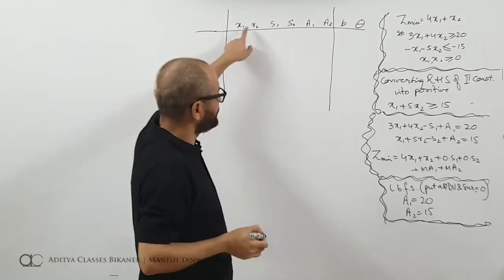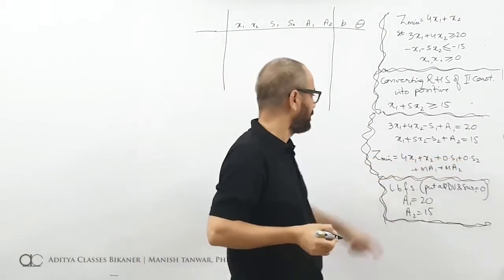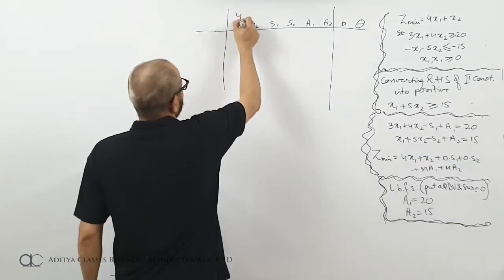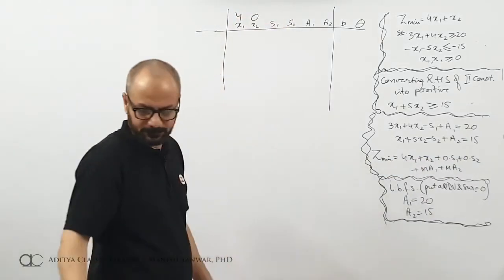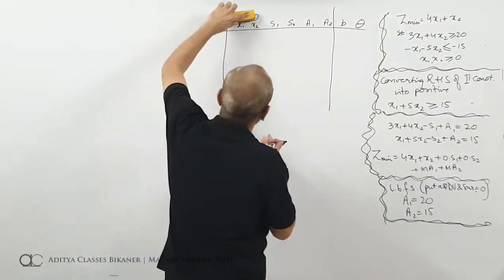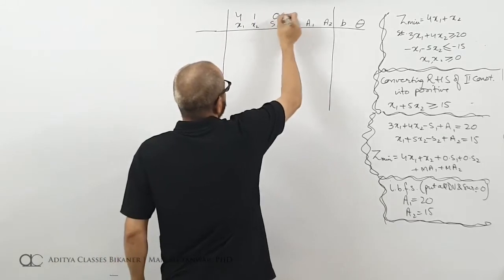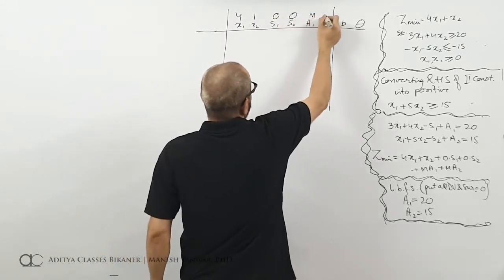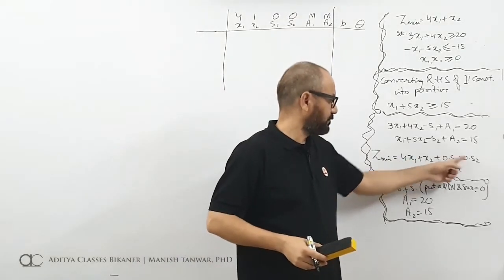And what are their respective contributions? We get them from the objective function. So we have contributions of 4, 1, 0, 0, M, M.